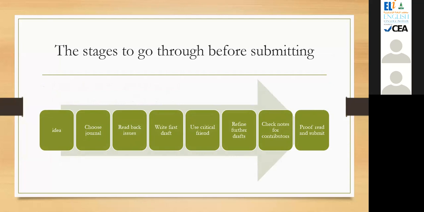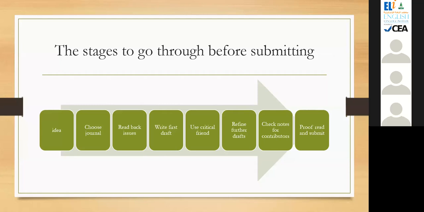This is what's supposed to be, but normally it's very hard to follow. Sometimes, for example, we might start with the article already written, and then think about the journal. So I say these are the ideal stages to go through.